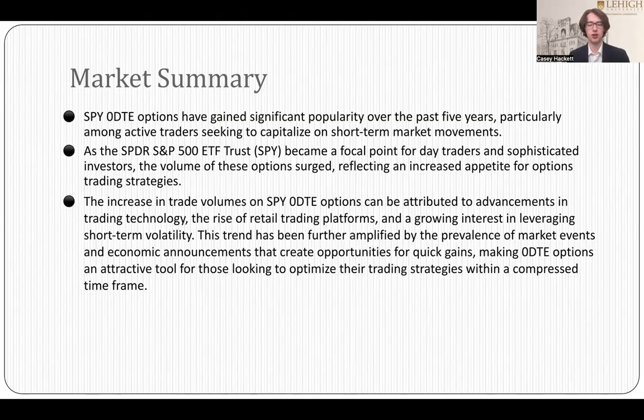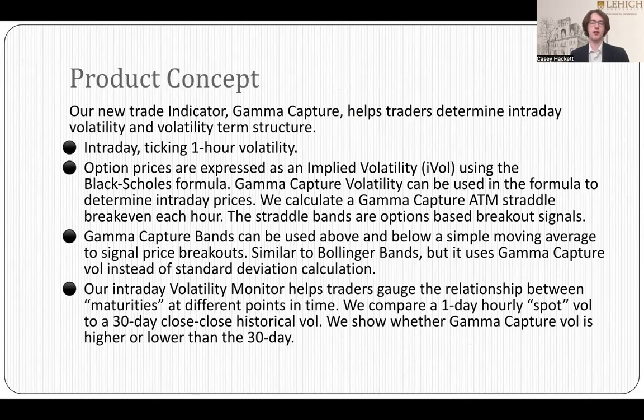But with the current market structure, it means that both retail and institutional investors can trade 0DTE pretty easily, but maybe not well. So our product concept is to help people, both retail and institutional, break into the 0DTE world feeling more confident about the numbers that they're getting and the trades they're making. We do this by publishing a ticking intraday volatility based off of the past hour.